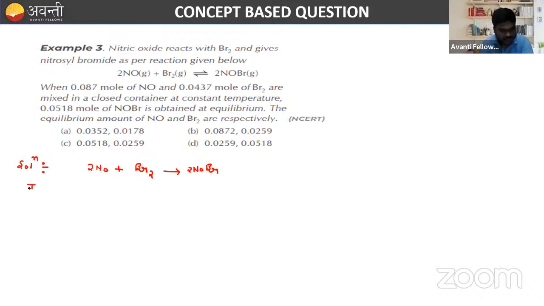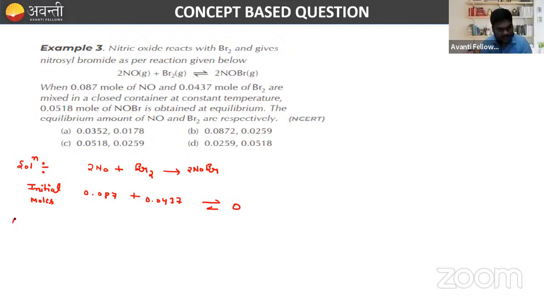So what are the initial moles? If I consider NO, the initial moles given are 0.087. Similarly, the initial moles of Br2 are also given, 0.0437, and this is the product, so we know that this value is 0 at the start.